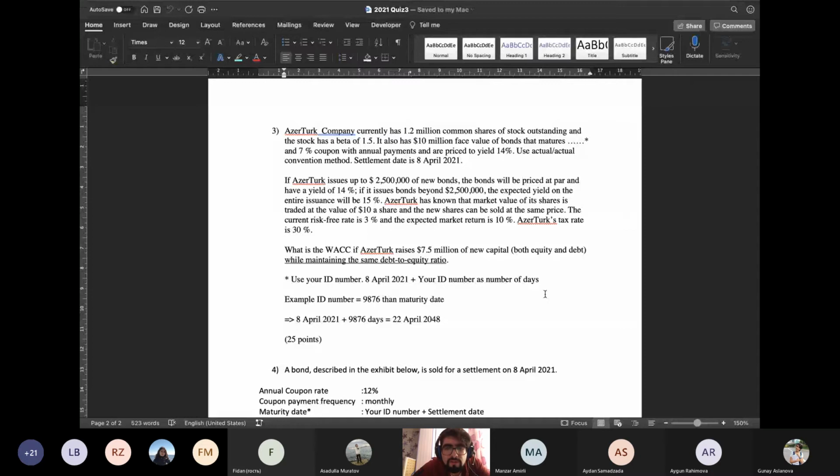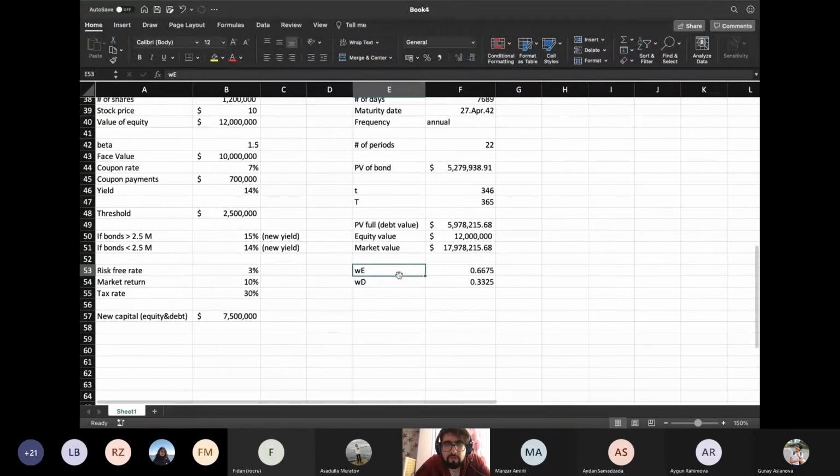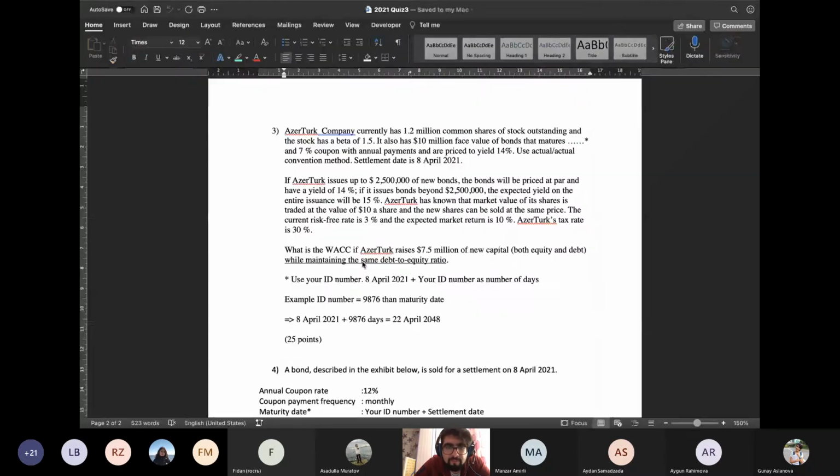So what we need to do further to find WACC. Okay, we found the weights, and while maintaining the same debt to equity ratio, we can allocate new capital, 7.5 million of the new capital, into both equity and debt parts.